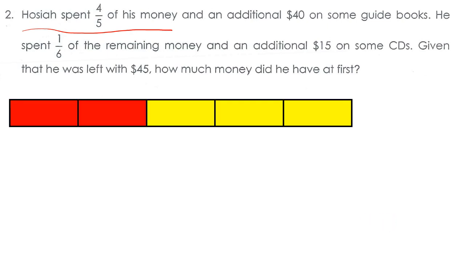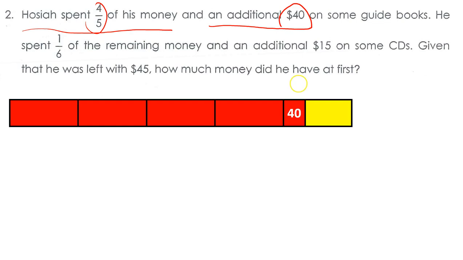So again, I use different colors to show that, hey, the red ones are spent. And not only he spent 4/5, he spent an additional $40 on some guidebooks. So it is 4 units. On top of this 4 units, there's an additional 40. But as to whether this 40 belongs to a full unit or not, we do not know.